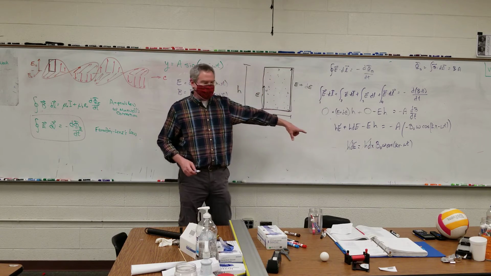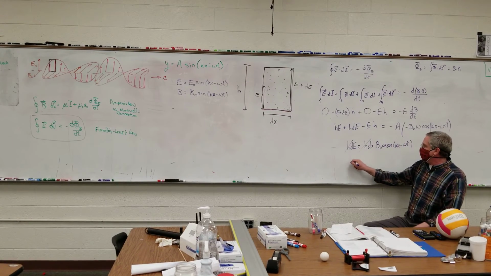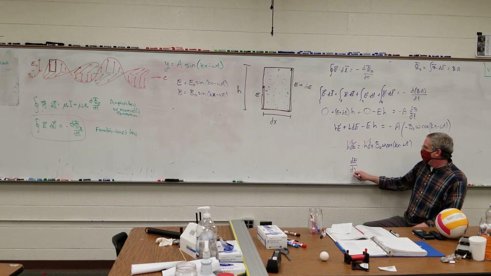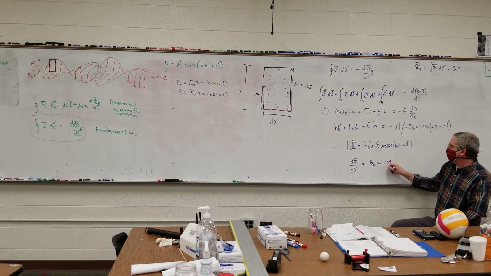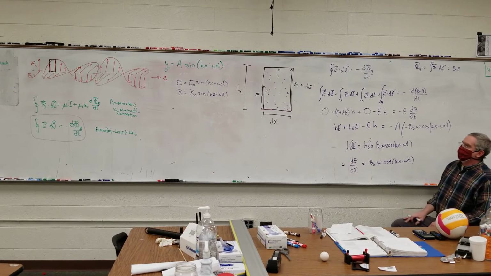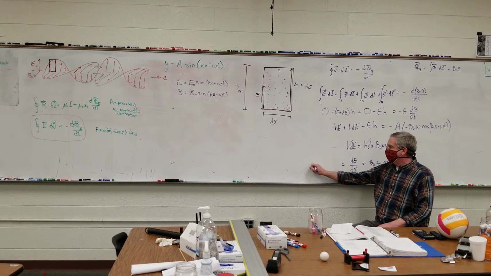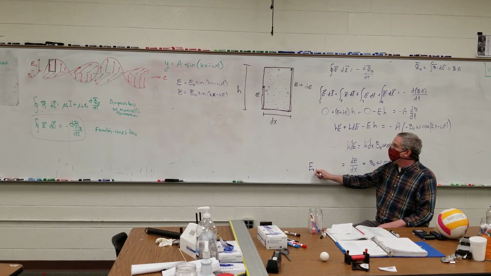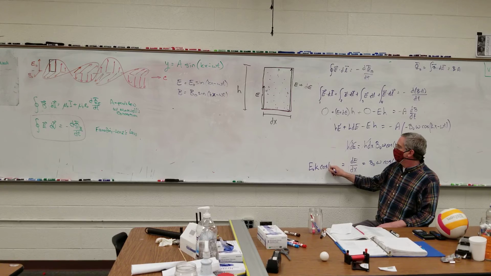I'm going to divide both sides by dx. And so I have dE/dx is equal to B naught omega cosine kx minus omega t. And what is dE/dx? E sub naught K cosine kx minus omega t.